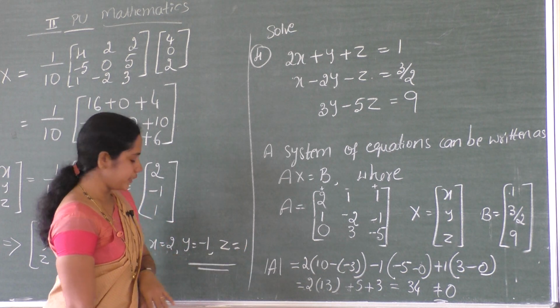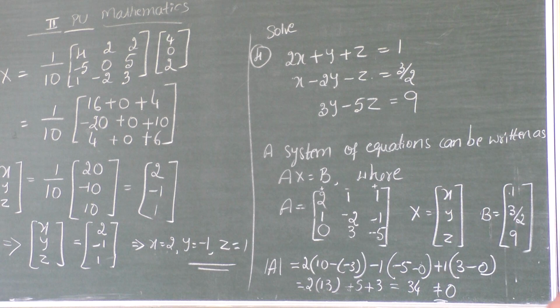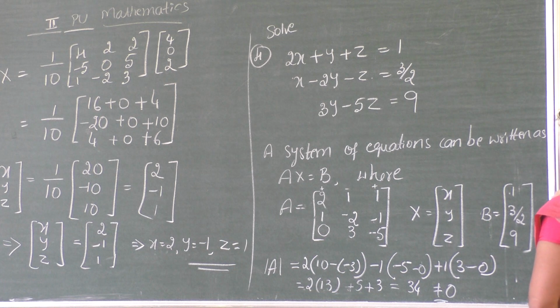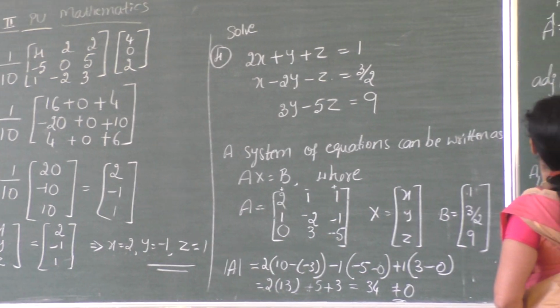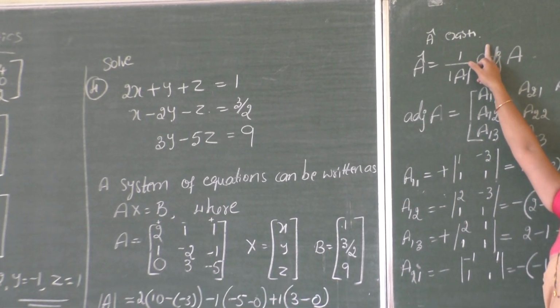What does that imply? This implies A inverse exists here. Now, if determinant of A is not 0, A inverse exists. A inverse exists means we need to find out A inverse.